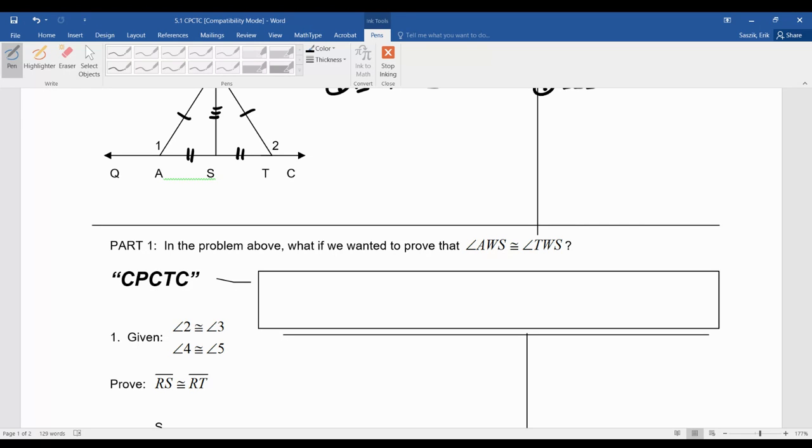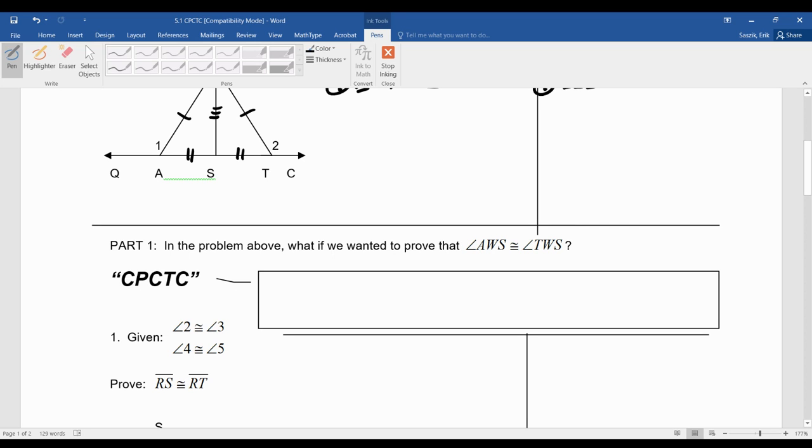We don't stop with the triangles. So for example, in the opening problem that we just did, it said in the problem above, what if we wanted to prove that angle AWS, this little angle up here, is congruent to angle TWS, the little angle up there? Of course, if the triangles are congruent, we know that all the corresponding parts are congruent as well, right?